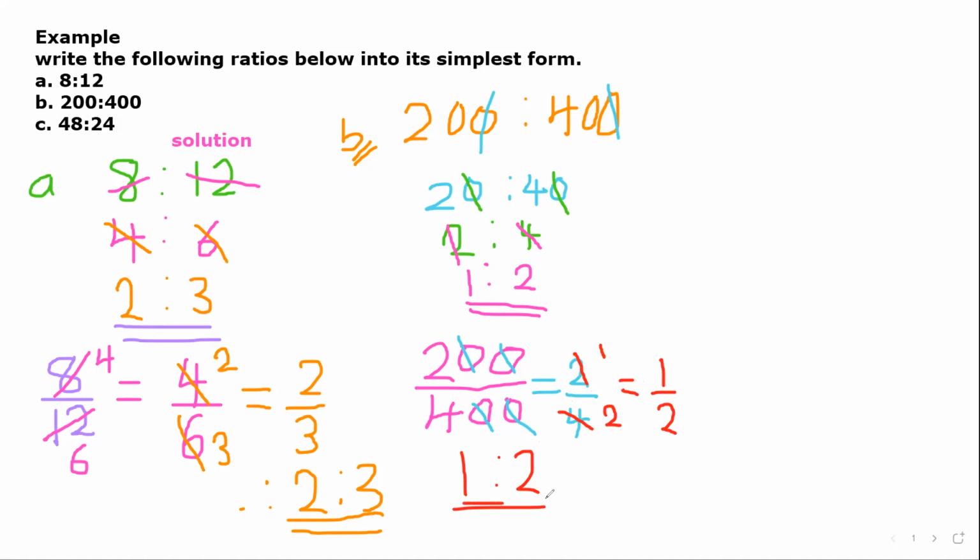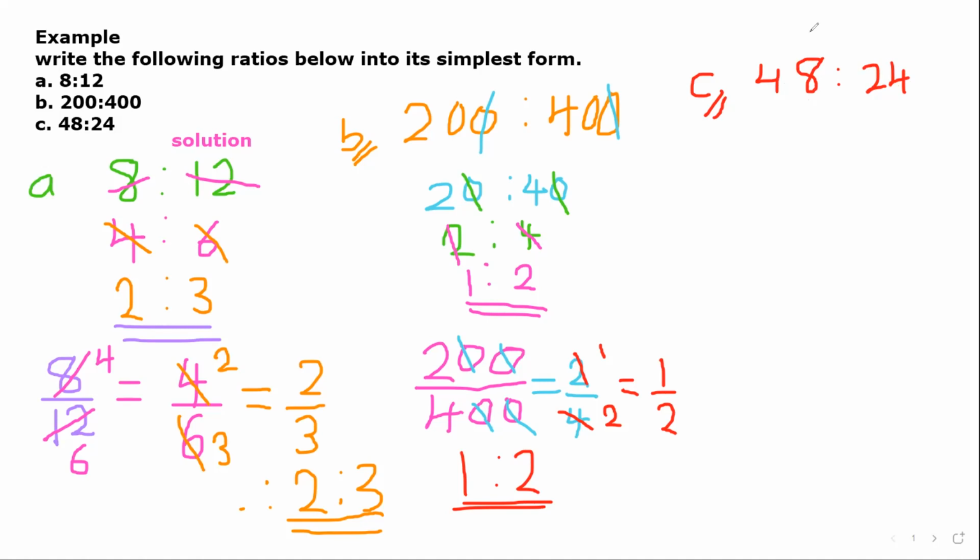1 to 2. Good. Now the C, we have 48 to 24. Because the last digit here ends with 8, the last digit here ends with 4, they are all even numbers, okay?